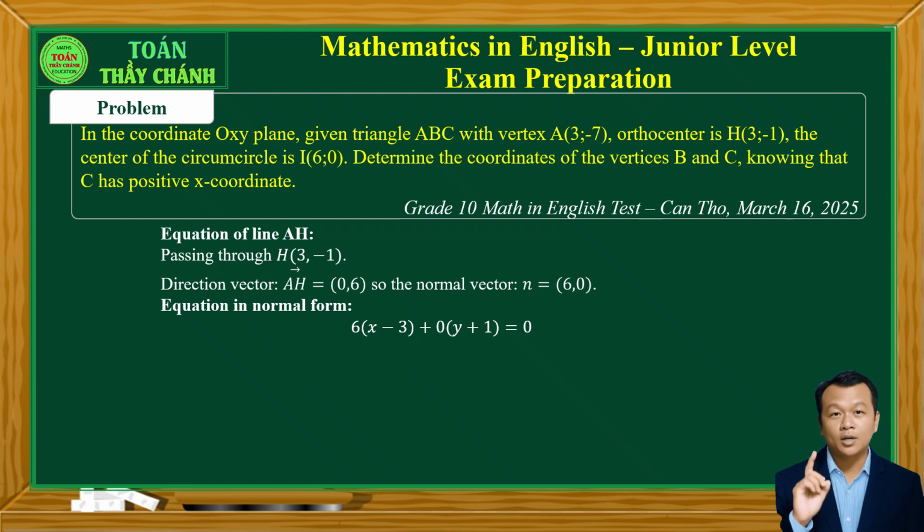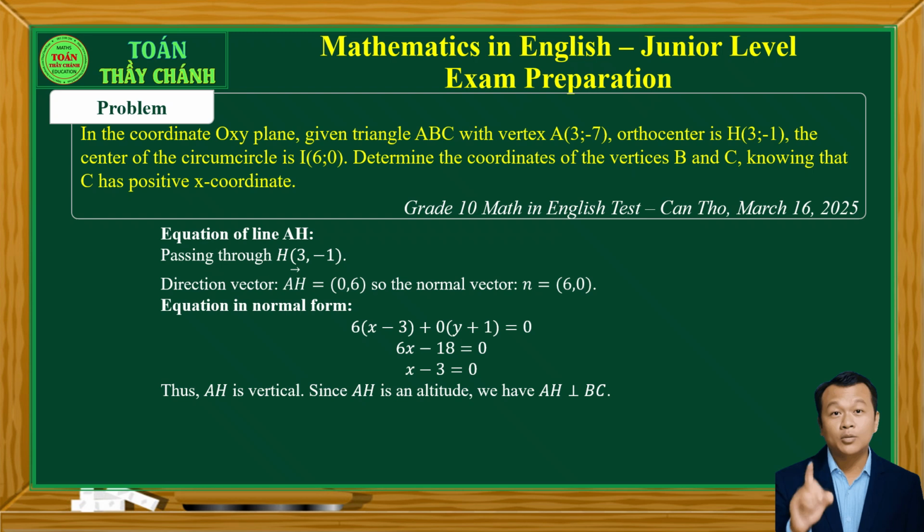Therefore, in normal form, the equation is 6(x - 3) + 0(y + 1) = 0. This reduces to 6x - 18 = 0, or simply x - 3 = 0. Thus, we conclude that line AH is vertical.